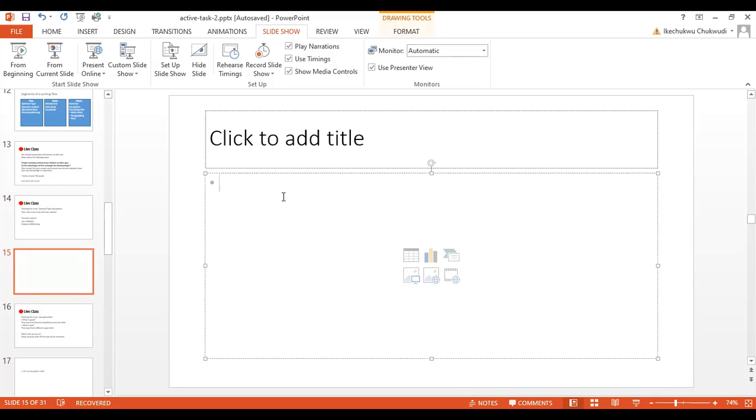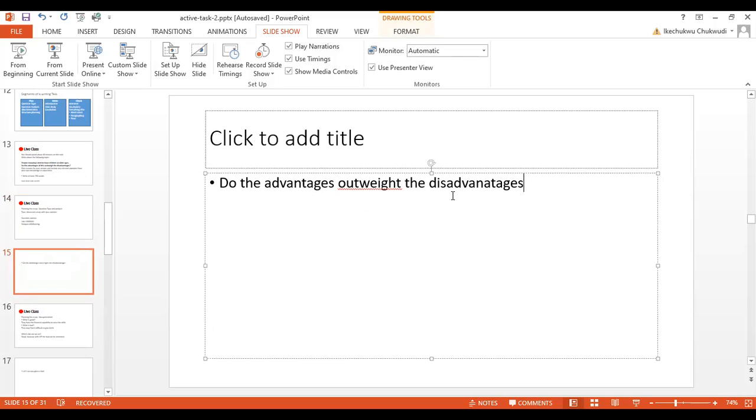So we're going to talk about what exactly is the question, what's the task you're supposed to do. So the question is this: do the advantages outweigh the disadvantages? Okay, that's the question. Sorry for my typos.